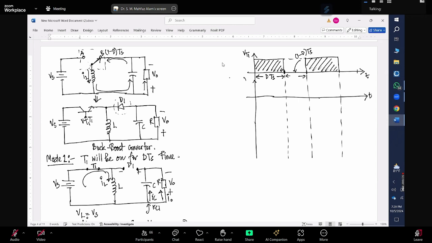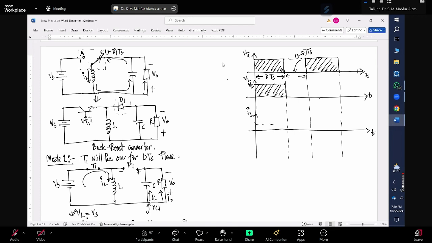So now, if I draw the output voltage VL, what is the VL during the time when that transistor was turned on? It should be the source voltage, right? So VL will be exactly the same as the source voltage Vs. And then if I want to draw the current, this is my IL.